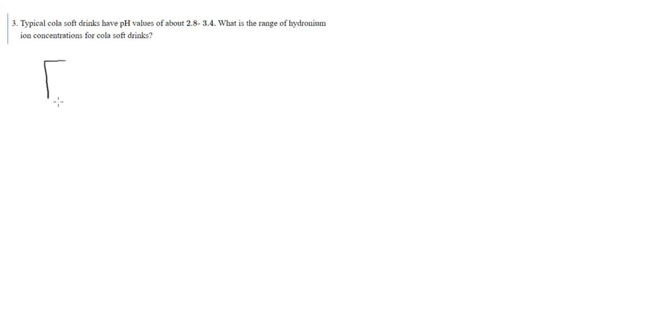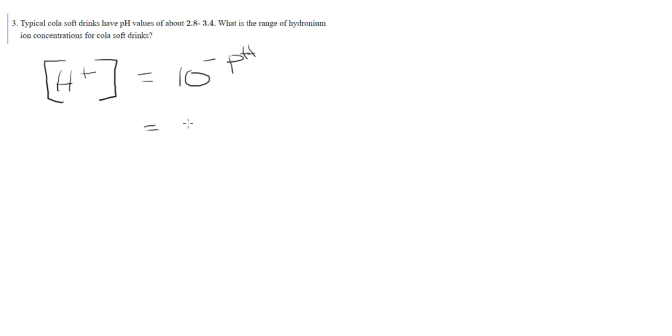So remember, you can calculate the hydronium or hydrogen ion concentration by plugging in the pH as a negative exponent.